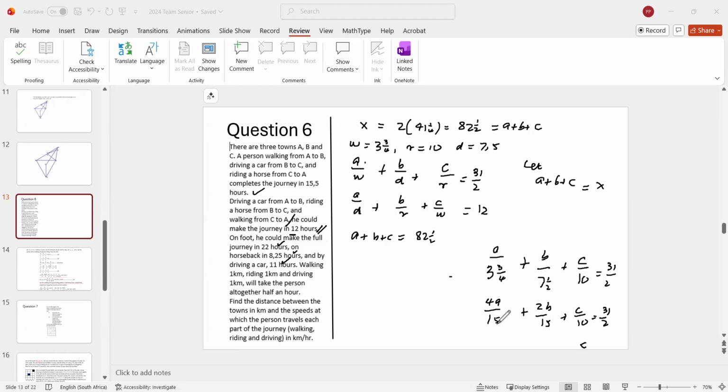So when you multiply this by 30, you get 8A, because 15 goes into 30 2 times. Multiply this by 30, so it's 4B. Multiply this by 30, you get 3C. Multiply this by 30, you get 15 times 31, which is 465.